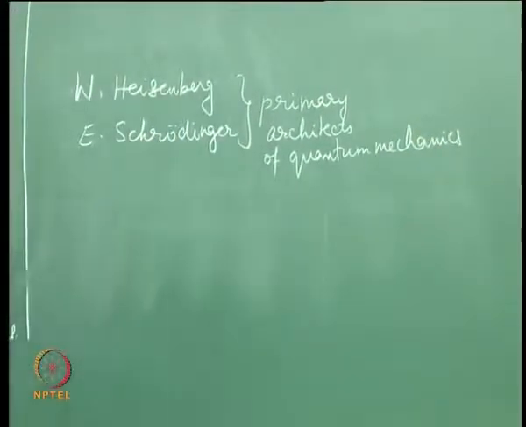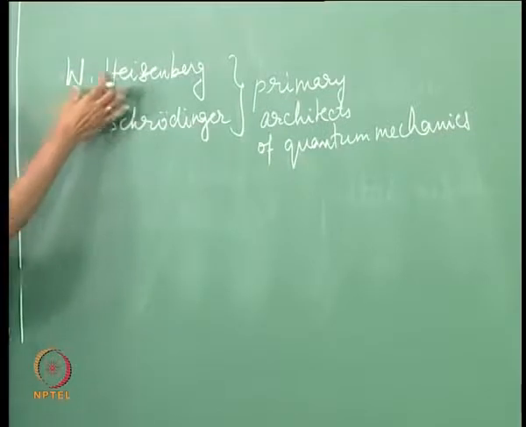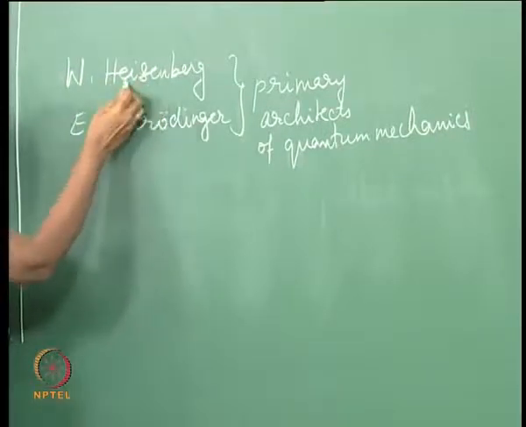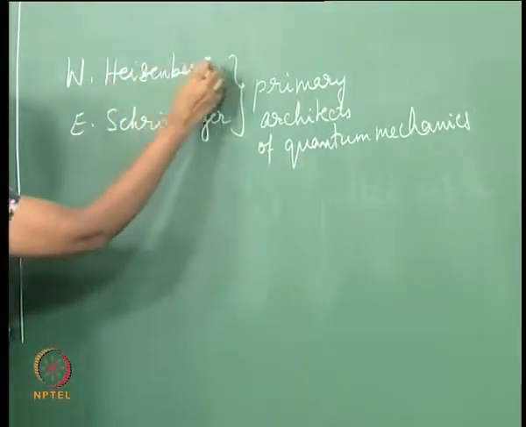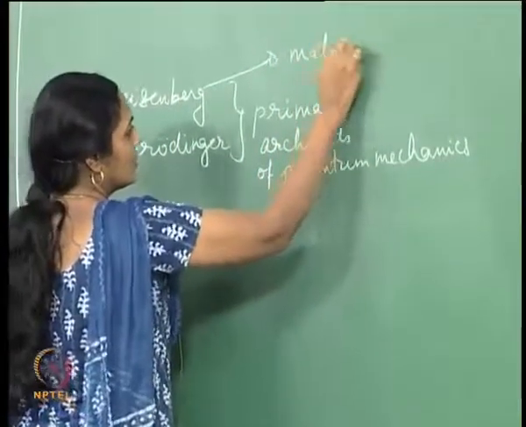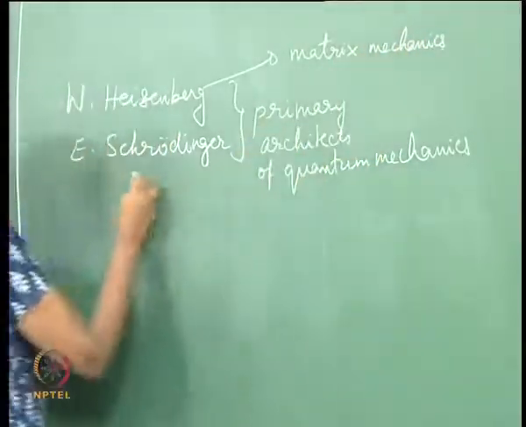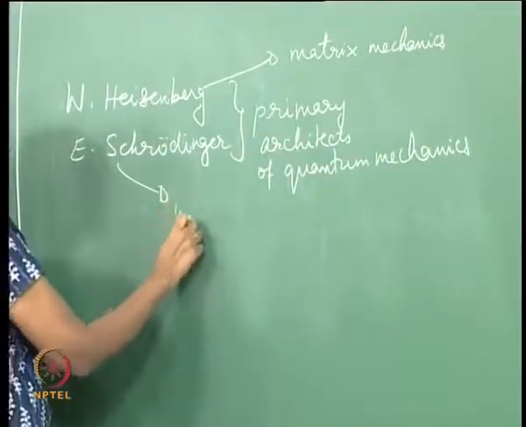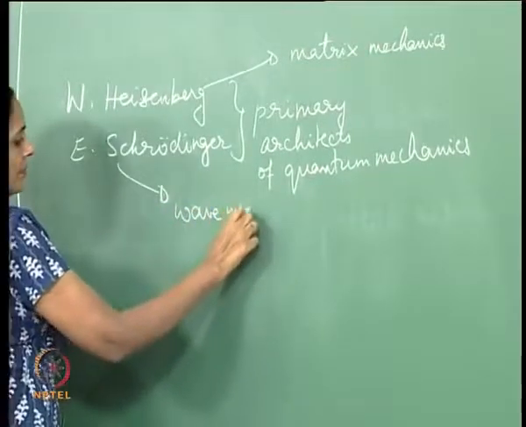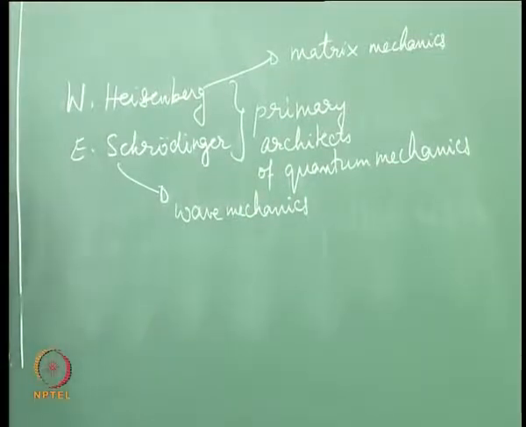There are alternative formalisms of quantum mechanics, but during the course of my lectures, I will be only talking about Heisenberg's matrix mechanics and Schrödinger's wave mechanics, both being equivalent formalisms of quantum mechanics.